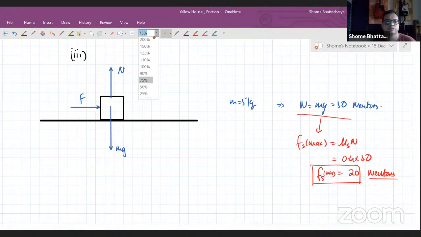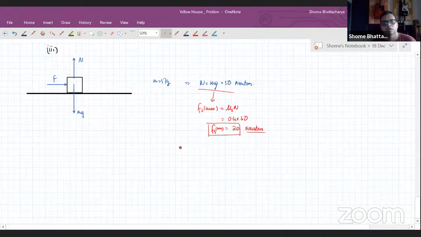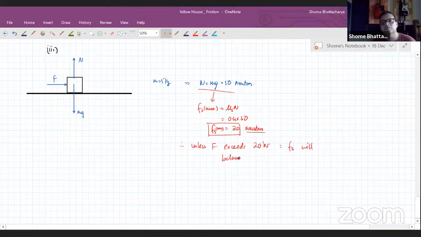Therefore, I can see that unless F exceeds 20 newtons, static friction will balance F and the block will remain at rest.